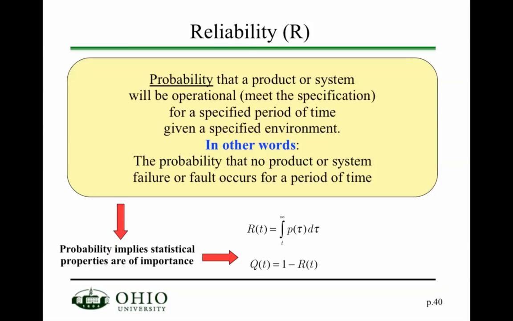So let's now officially give a definition for reliability. It's defined as the probability that a product or system will be operational for a specified period of time given a specified environment. So it implies statistical properties.